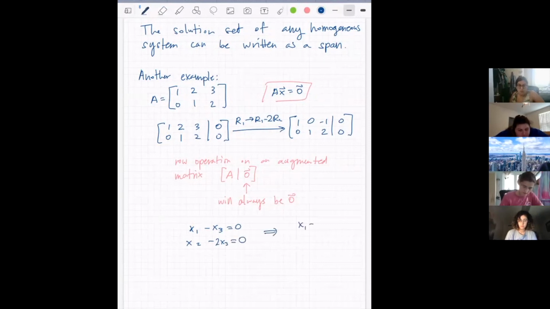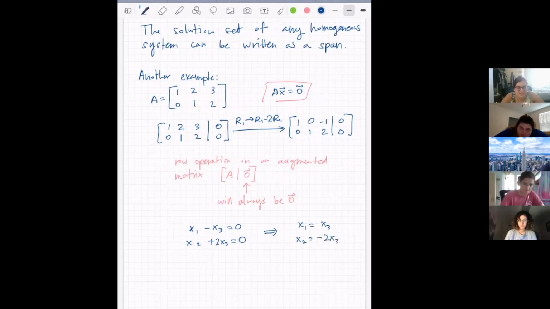So x3 being our free variable, we get, Nate, yeah, would that be plus 2x3? Yes, you're right. Okay. Yeah.